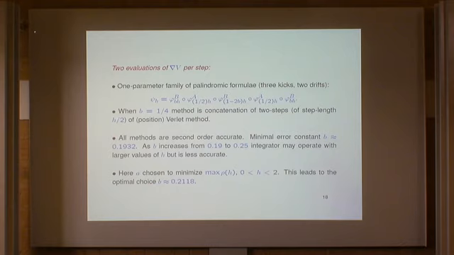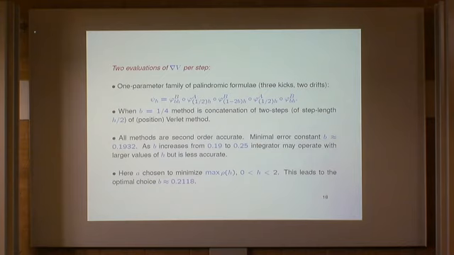So Verlet has b equals 0.25, this has 0.19. Incidentally, this number 0.1932 was first identified by Robert McLachlan and has been discovered a zillion times by different people in different communities. As you increase b from 0.19 to 0.25, the algorithm gains in stability. The stability region becomes longer, but it becomes less accurate. But this is not relevant for us.